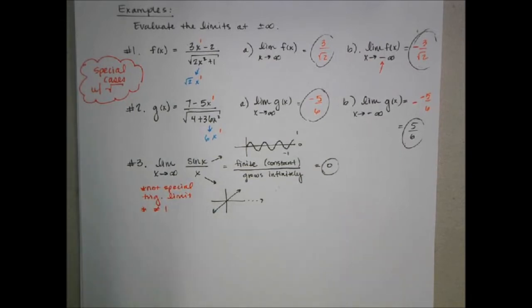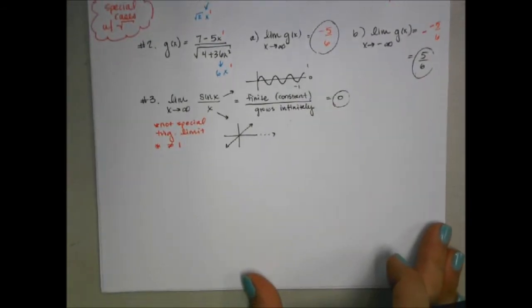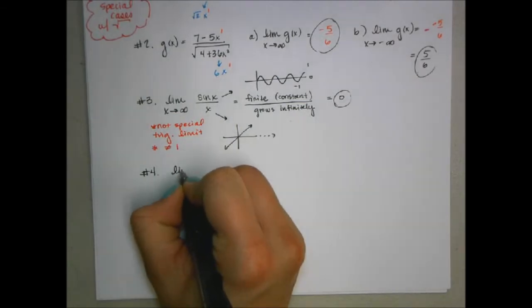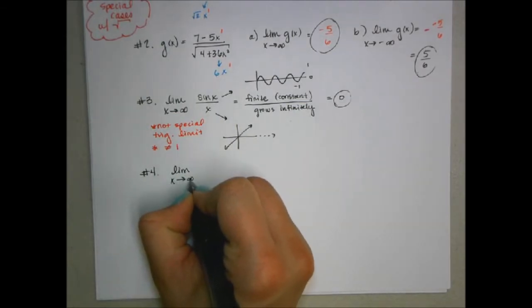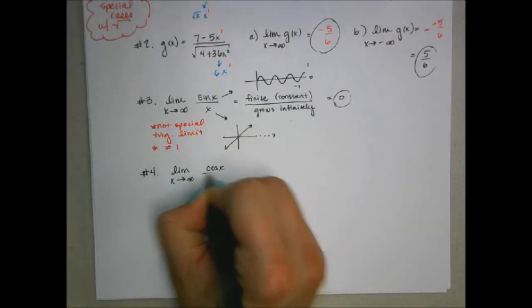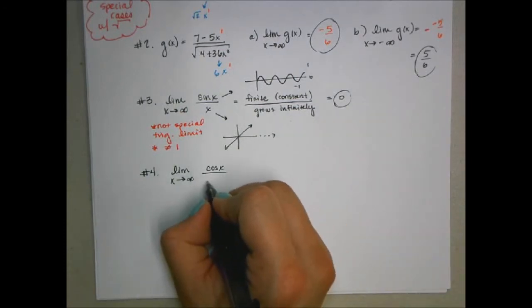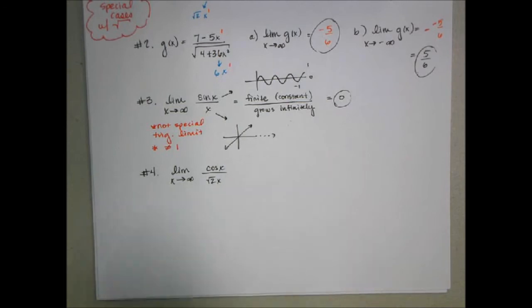And you could do this again if I replace sine with cosine. I would get the same thing. So let's do that. We could even make the bottom something more interesting, like root 2x. It doesn't matter.